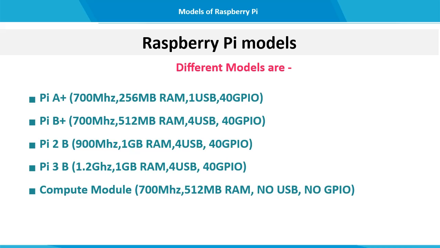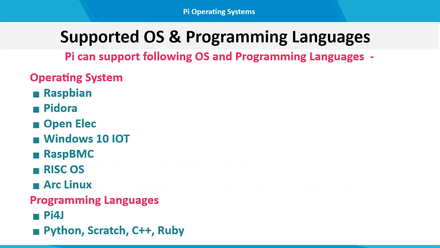Then we have a compute module. CPU is 700 MHz, RAM 512 MB, no USB and no GPIOs. Raspberry Pi can support various operating systems and programming languages.